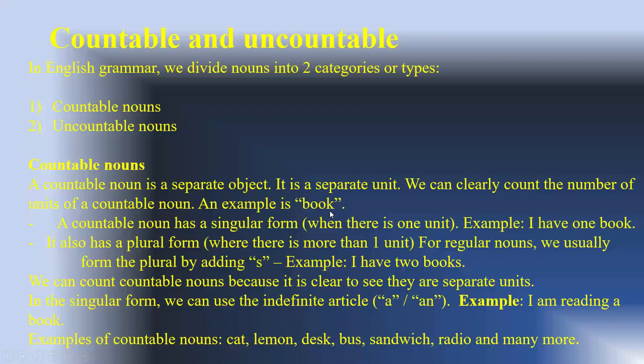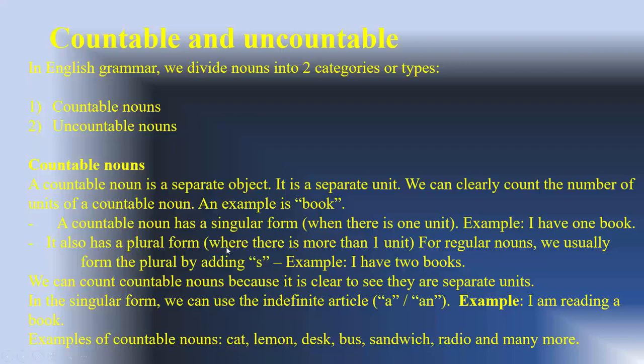We can count books: 1, 2, 3, 4, 5 books, and so on. A countable noun has a singular form when there is one unit. We can see one book, one student, one computer set, one car. So all are countable.